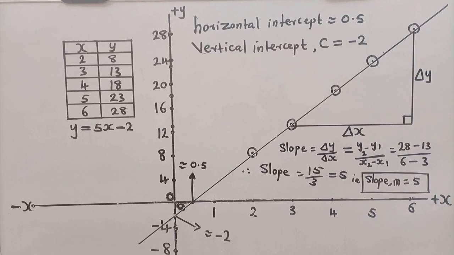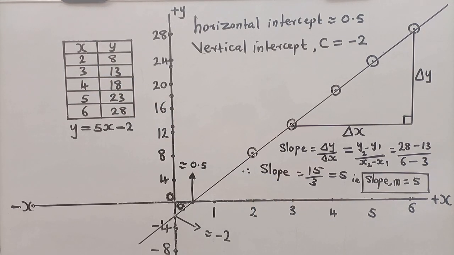And recall also that we got this equation by hypothesis from this table. Y is equal to 5x minus 2. Don't forget that this was not gotten from this Cartesian sketch. This was gotten from this table. This was possible only because of some consistencies observed in this table.